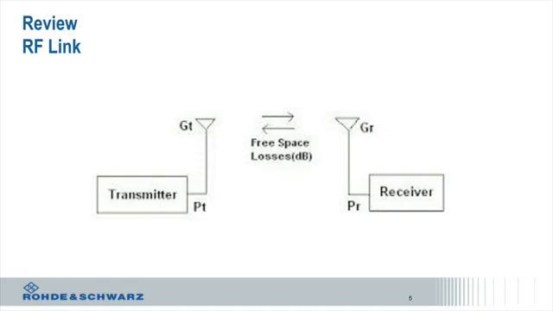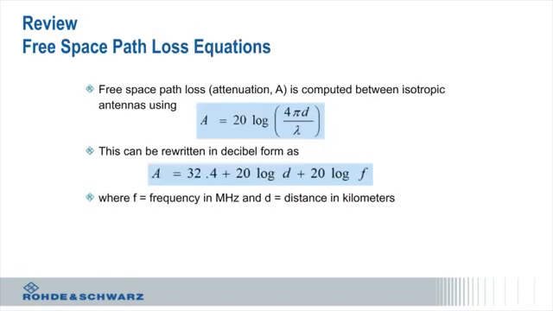This process of propagation through free space takes advantage of a mathematical formula called Friis's equation, and simply put, if you took an antenna, for the most part, things will start out propagating isotropically, in other words, like a sphere. So it'll go equally in all directions, and it'll be governed by this mathematical equation.